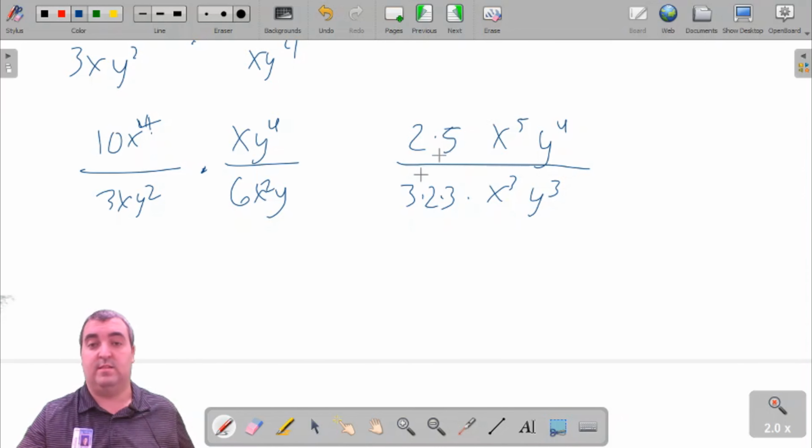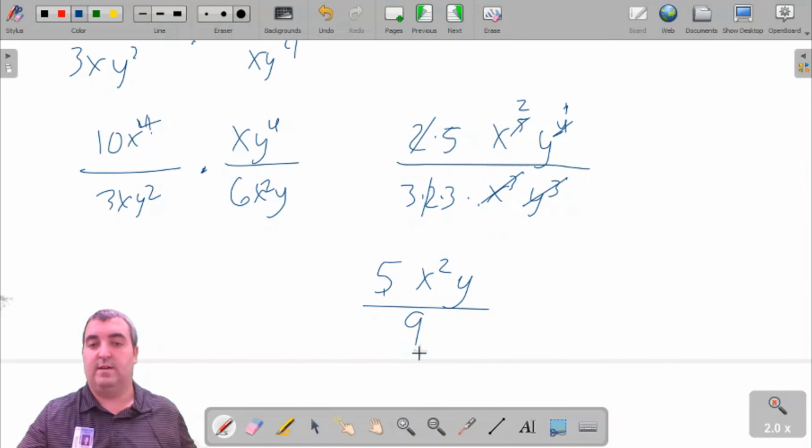And then at this point now we cancel the common factors. So the 2's cancel, no other numbers will. X to the 5th, x to the 3rd, well, these 3 will cancel with 3 of these, so we're 2 left. These 3 will cancel with 3 of these, so we got 1 left. So we end up with 5x squared y over 3 times 3, which is 9, and that's all that's left.